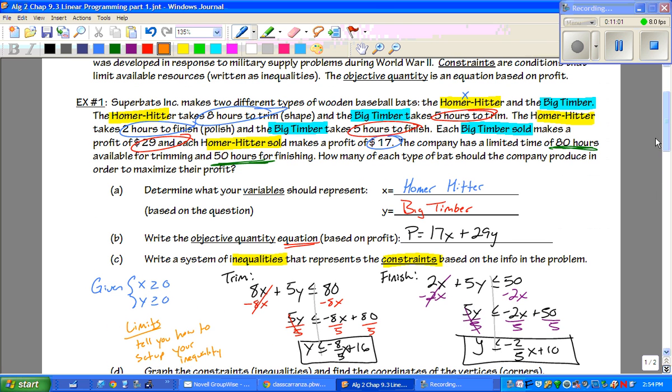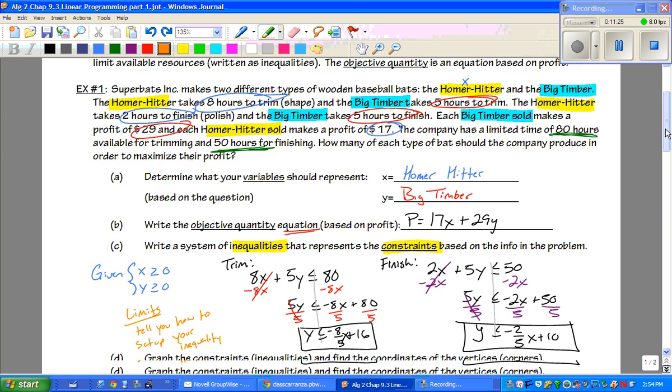Because if you look back up to the top, right here, it says the company has a limited time of 80 hours for the trimming. That's where that 80 hours came from, okay? We're getting everything directly from the paragraph, okay?